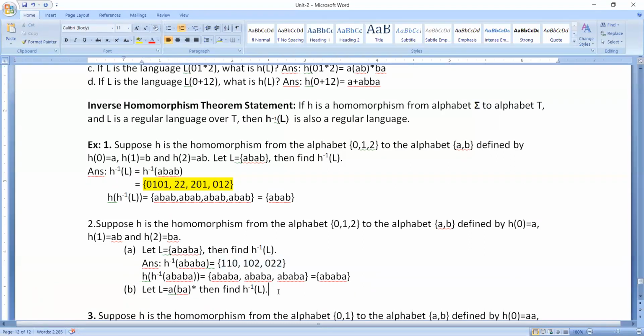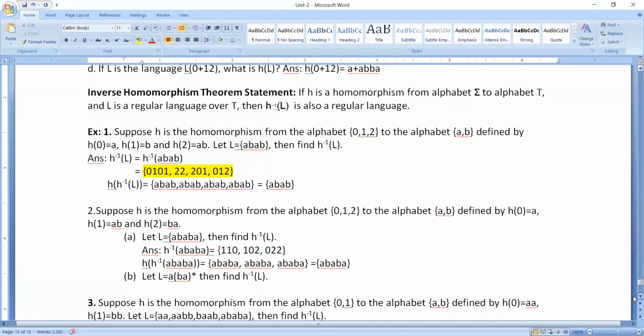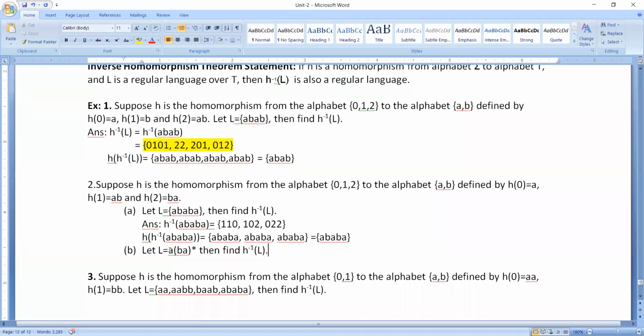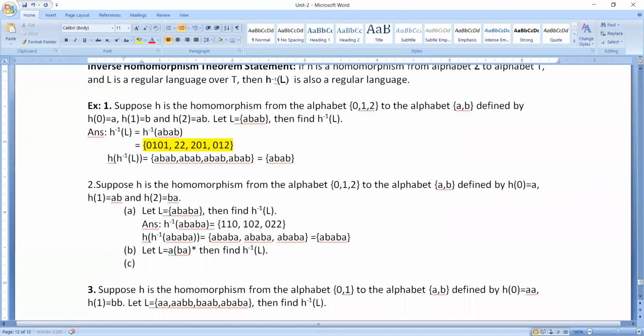Now let's go ahead and write for the third one. So the answer for this will be H inverse of A into BA whole star.